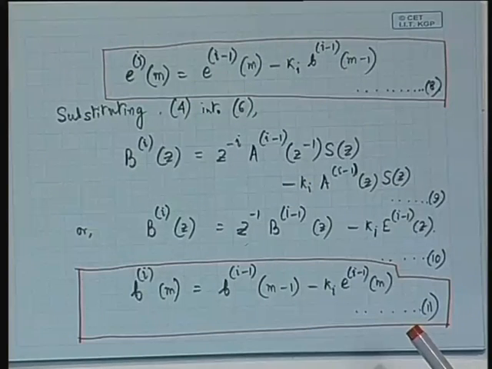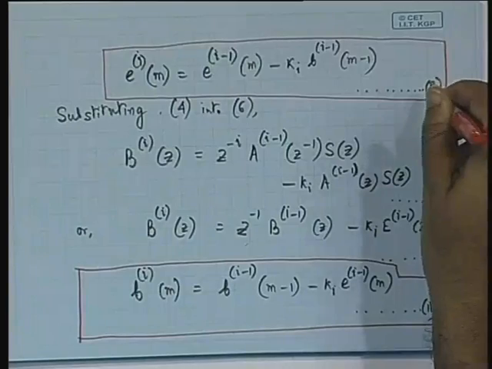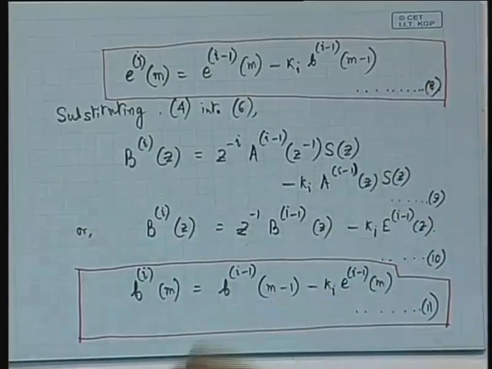So, with the initial condition that we know E0 of m and we know B0 of m, we should be in a position to now determine E1 of m. Can we determine E1 of m? Yes, we now go to equation number 8.